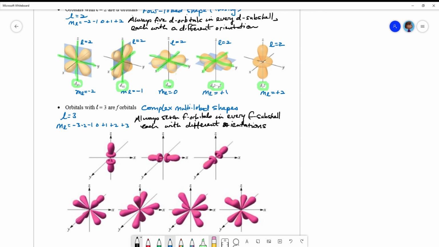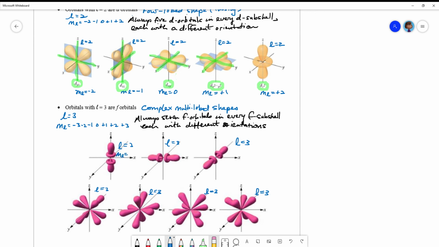Okay. So once again, each of these orbitals is L equals 3. L equals 3 for all of them. But to designate the differences in their orientations, we use a different m sub L value.